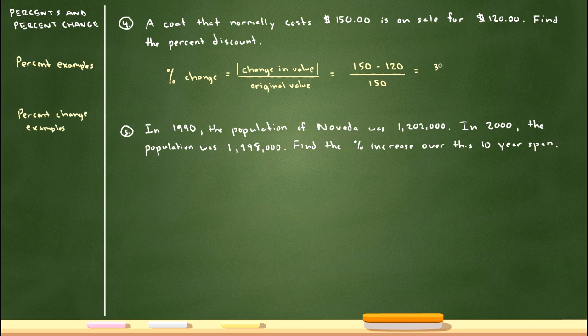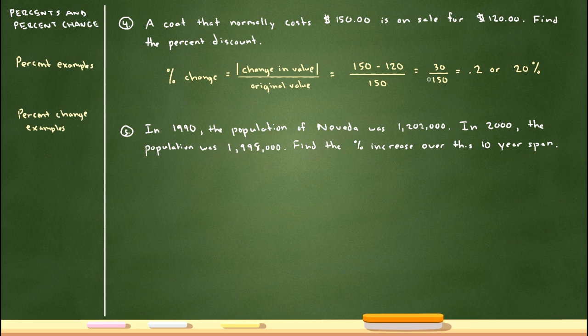So this comes out to be 30 divided by 150, which is equal to 0.2, or 20%. Okay, so that's one way of finding the percent discount, is to find that change in value and divide it by the original value.